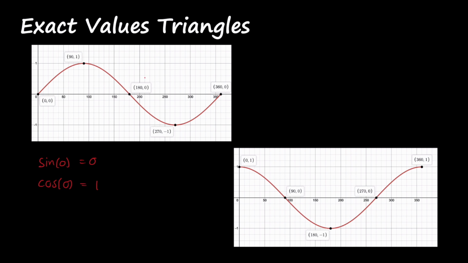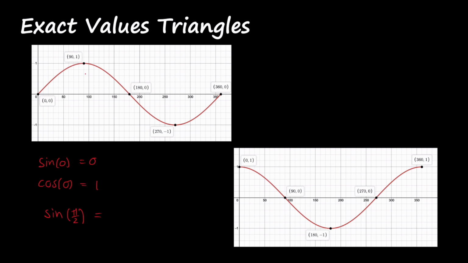Don't worry about trying to memorize it, just know the graph. And we know that the maximum happens at 90 degrees, 270 degrees is the minimum, and so on and so forth. Also, you need to be able to work with these in radians. I haven't shown the radians examples here, but if I said to you, what is sine pi over 2? Well, I know that pi over 2 is the same as 90 degrees.